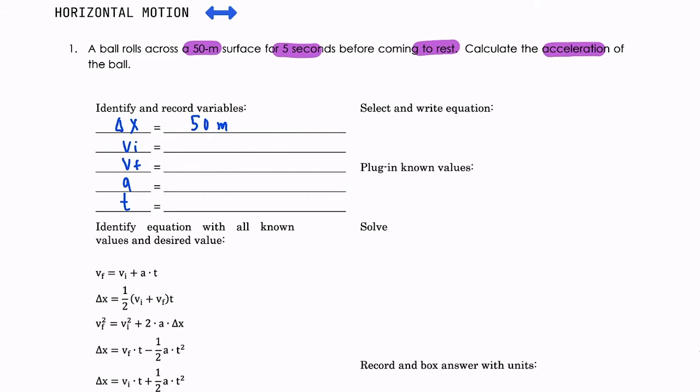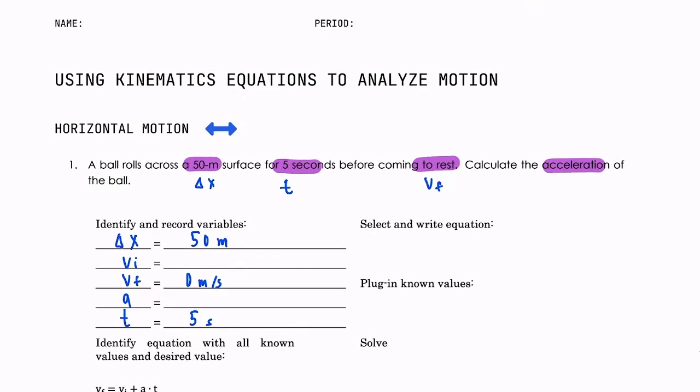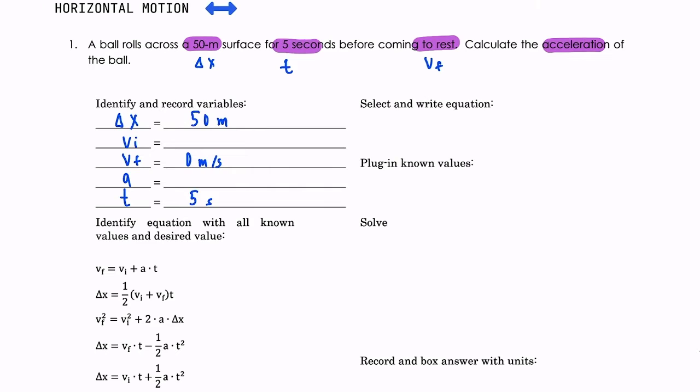The next thing we're told is the amount of time, so that's 5 seconds. The ball comes to a rest at the end of its motion, which is 0 meters per second. And we're solving for the acceleration, so I'll put a question mark.